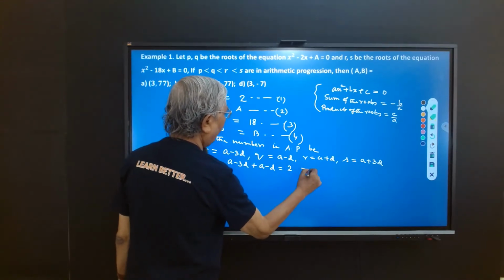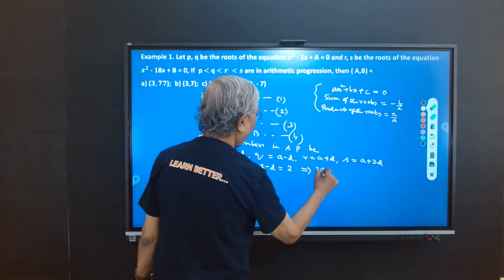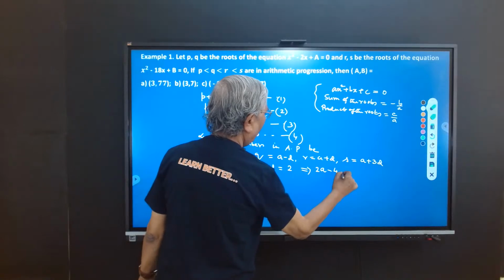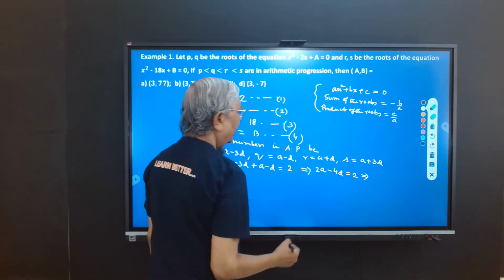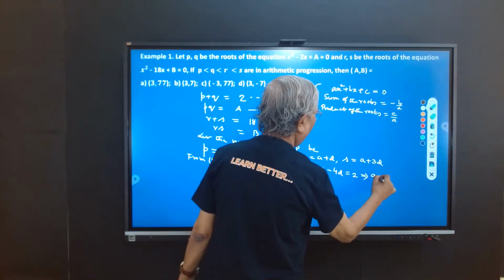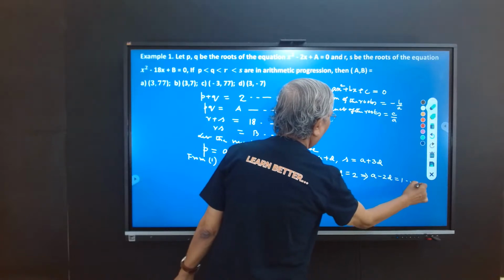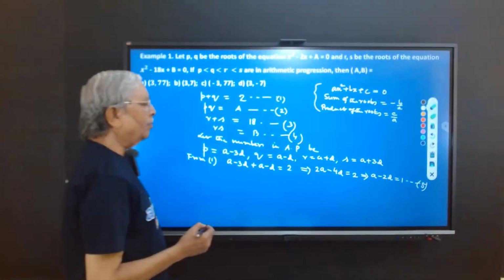So this will imply twice a minus 4d equals 2, and this will imply a minus 2d equals 1. This is the relation number 5.